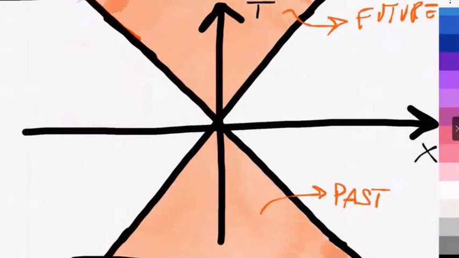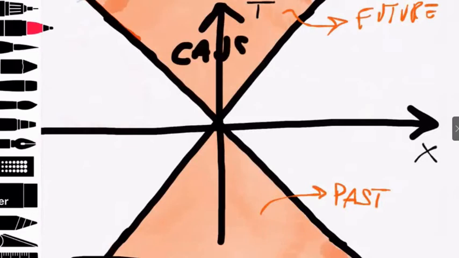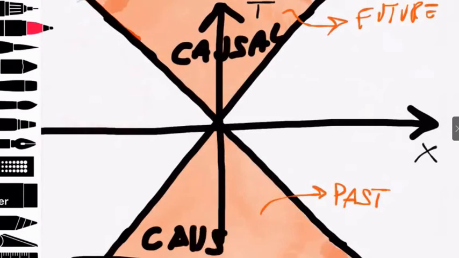Now, because nothing can move faster than the speed of light, we call the area enclosed by the light cone the causal region of this space-time diagram.